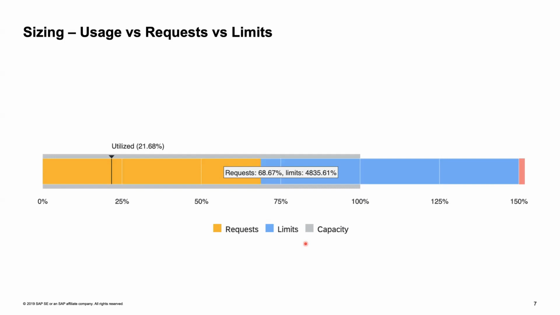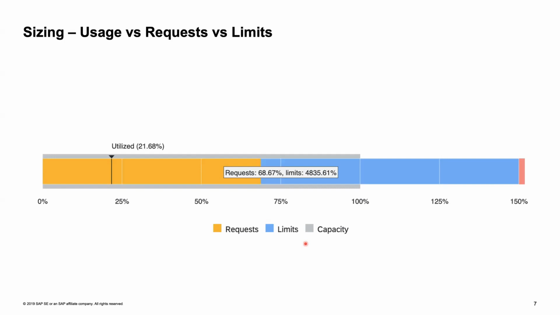So you see that in my case, this is the overall value for the whole cluster, but it is coming from every application that is deployed there. So it's a sum of all those applications that are running inside the cluster. I can see here that the usage is decent, around 21%. It's for the CPU, by the way. And then the requests are around 68%, but the limits are many times higher, which is fine, because not every application is going to hit the limits which have been configured at the same time.